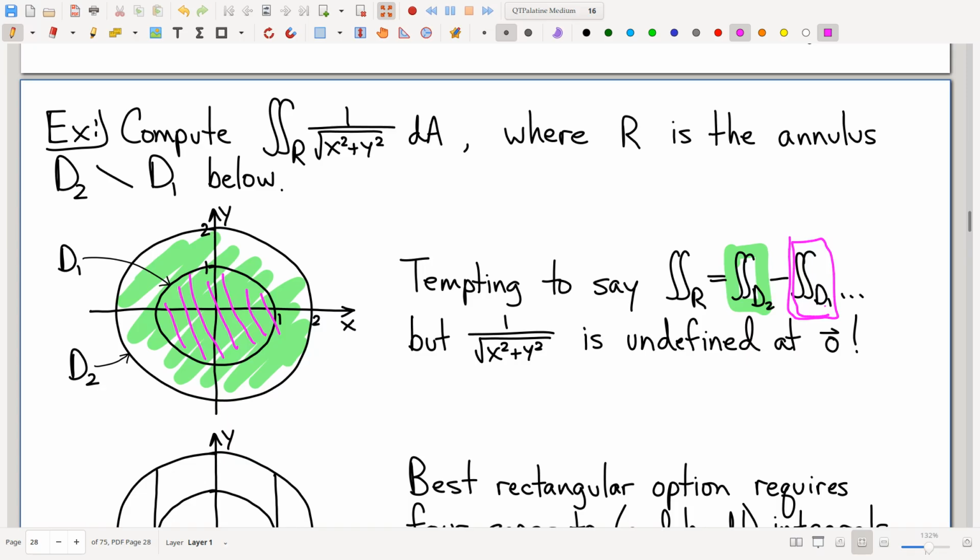Tempting. Here's the problem. You can't do that, and the reason you can't do that is because our integrand has a singularity there at the origin. The integrand's not defined there, and we do not have any working way to handle this idea of an integral on a domain where the integrand goes to a serious singularity. This is not a little micro, right?